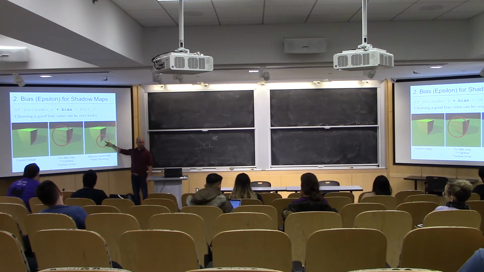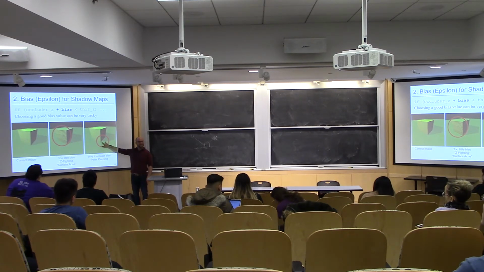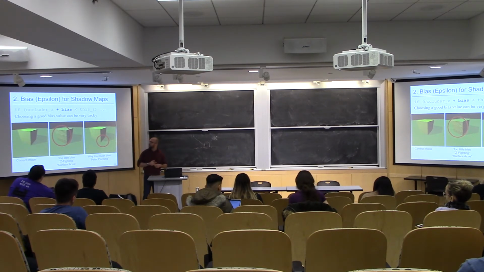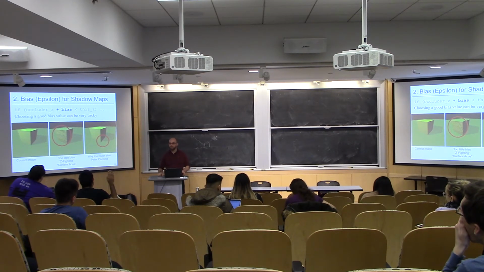I don't think anybody would choose an epsilon that's like this distance here. But essentially what it's saying is that if this amount of space is between the lit thing and the thing that might be in the shadow, I'm going to call it lit. So anyway, this is a number that's very hard to choose correctly, and that's just sort of life in this particular area. That's why often if you look at video game shadows, you'll see lots of aliasing. It's just hard to do this stuff correctly.